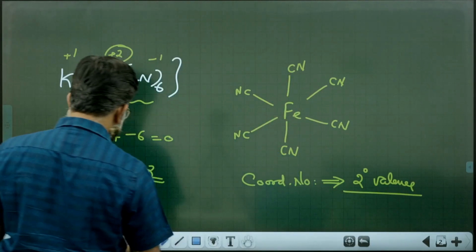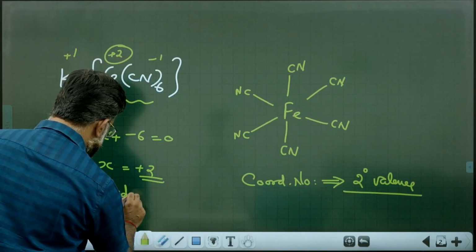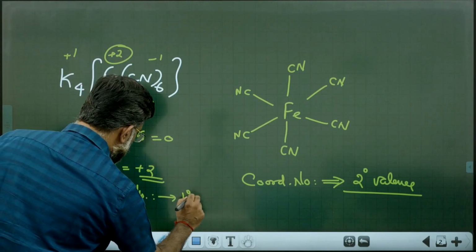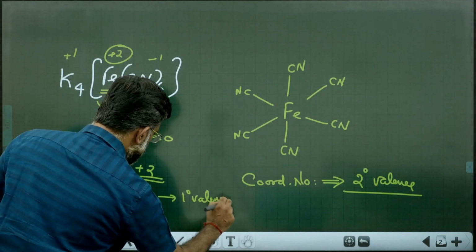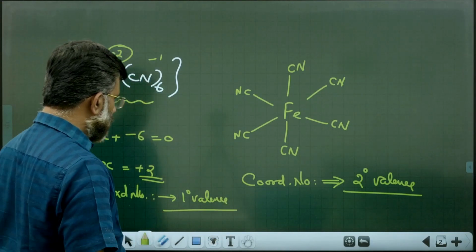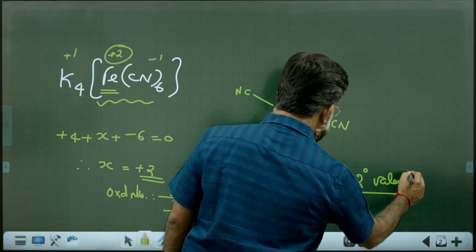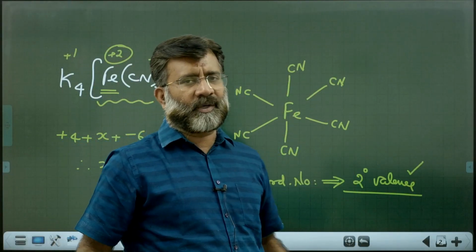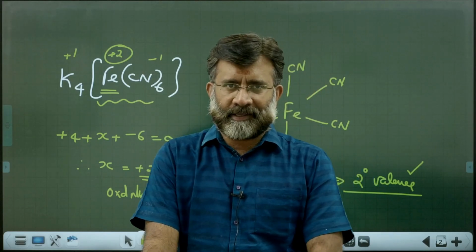So primary valence means oxidation number, the term used by Alfred Werner. Coordination number is called secondary valence. That is the term actually introduced by Alfred Werner in his theory.